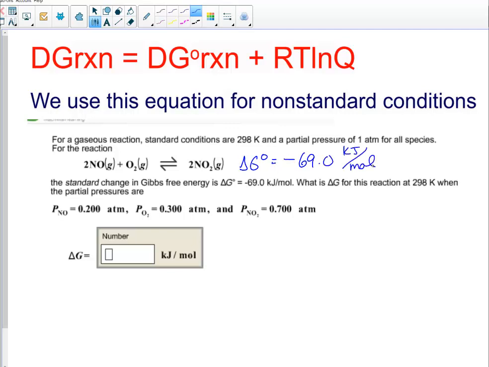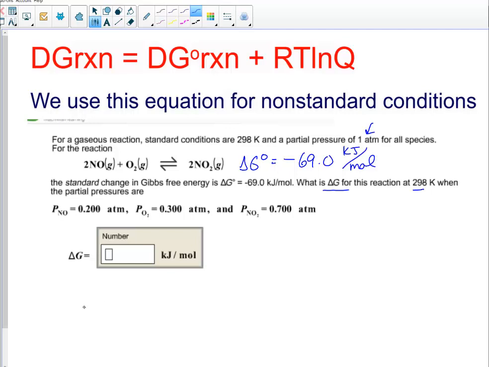For the process of 2 moles of NO reacting with oxygen, forming 2 gaseous moles of NO2. That reaction is spontaneous in the forward direction. Now, what is the delta G for the reaction? Same temperature, 298 Kelvin, but now instead of all having 1 atmosphere, we have different values for pressure.